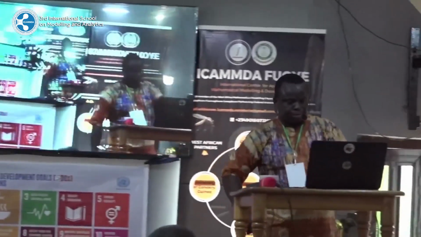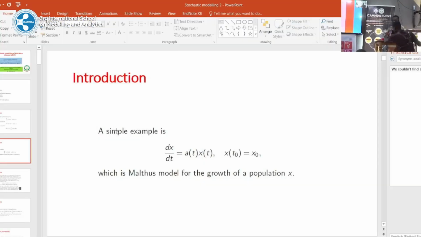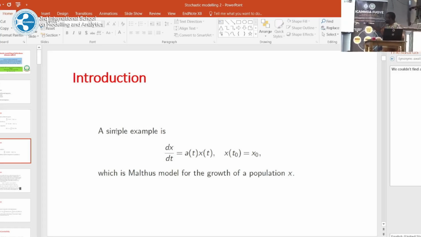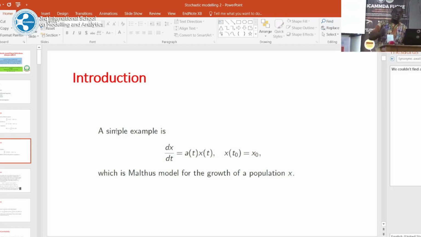Okay, so now can you show me the slide? Now a simple example is this: x prime of t equals a of t times x of t, with x of t naught equals x naught. Now, when you are writing your model and your model does not have an initial condition, you are not a good mathematician. And if your initial condition is wrong, you are also a bad mathematician.